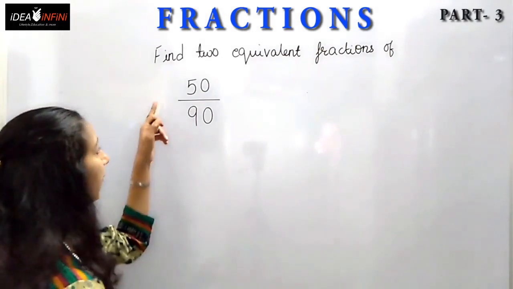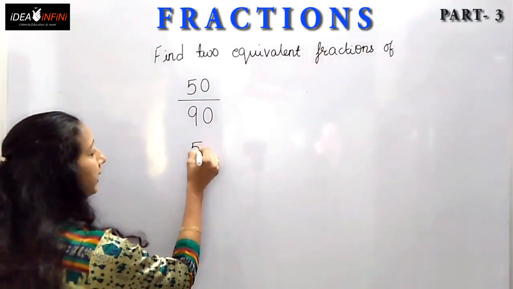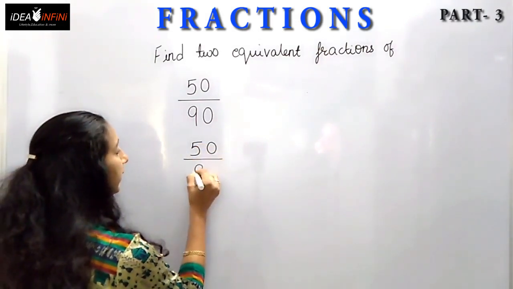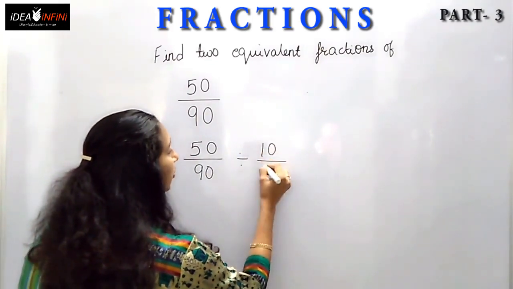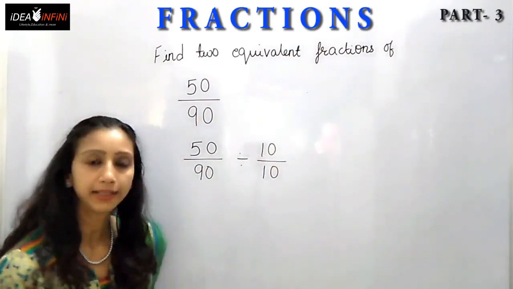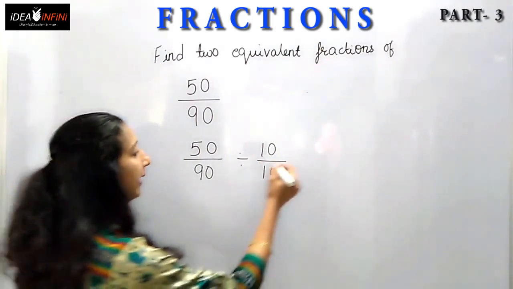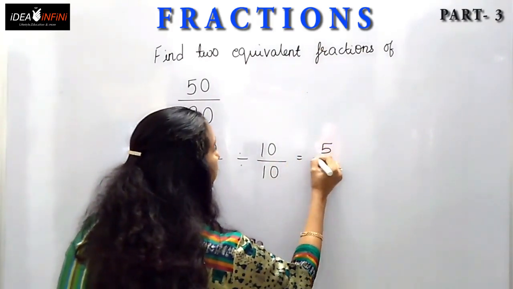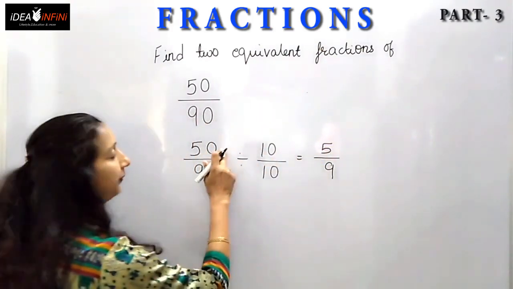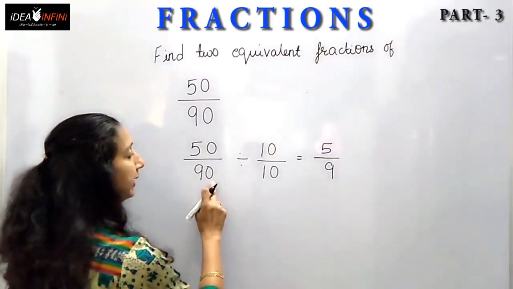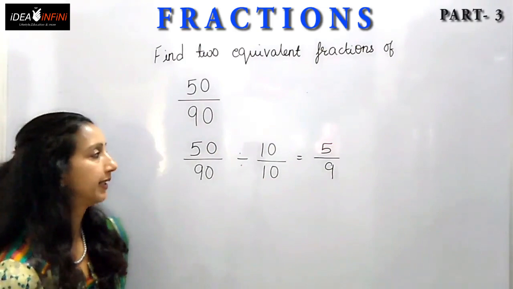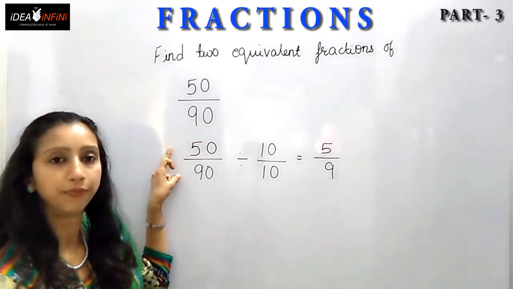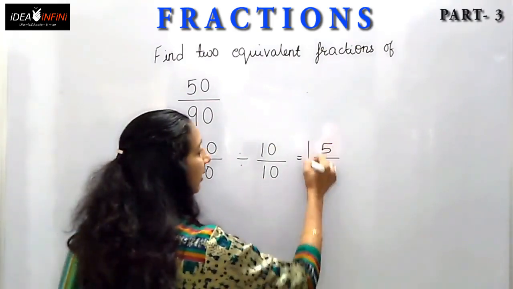When this is divided by 10 in the numerator and divided by 10 in the denominator, I get 5 by 9. Why? Because 50 divided by 10 is 5. 90 divided by 10 is 9. 5 by 9 is an equivalent fraction of 50 by 90.